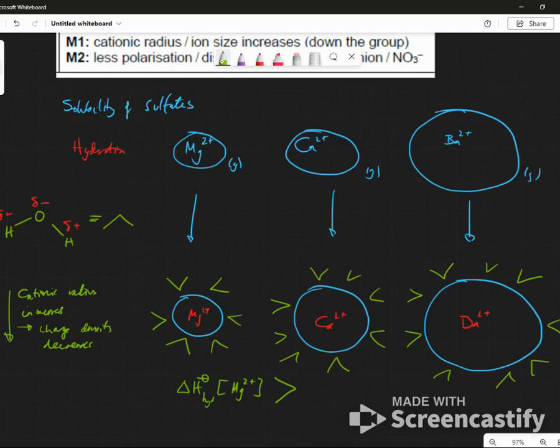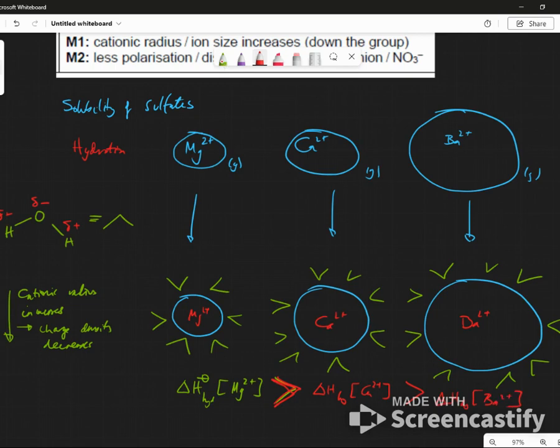I'm going to say greater. Oh, that's not a water molecule anymore, by the way, that's a greater than sign. It is more exothermic than the delta H hydration energy of the calcium ion, which is more exothermic than the delta H hydration energy of the barium ion.